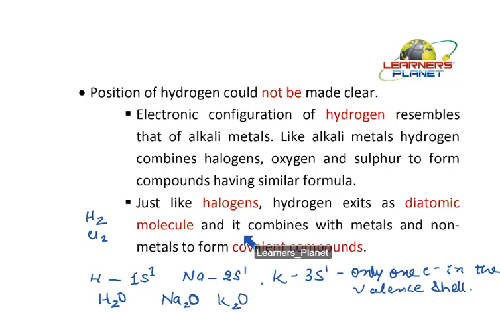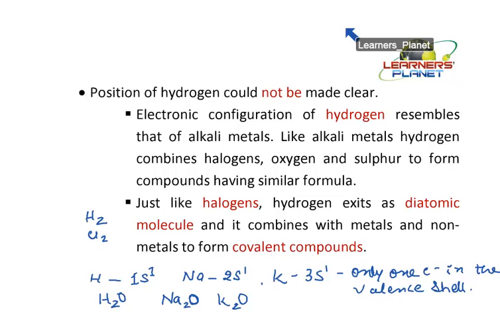And it combines with metals and non-metals to form covalent compounds. So hydrogen is not forming ionic compounds like alkali metals. So these are the properties of hydrogen. So the position of hydrogen could not be made clear, whether it is to be kept in the first group or in the 7th group.